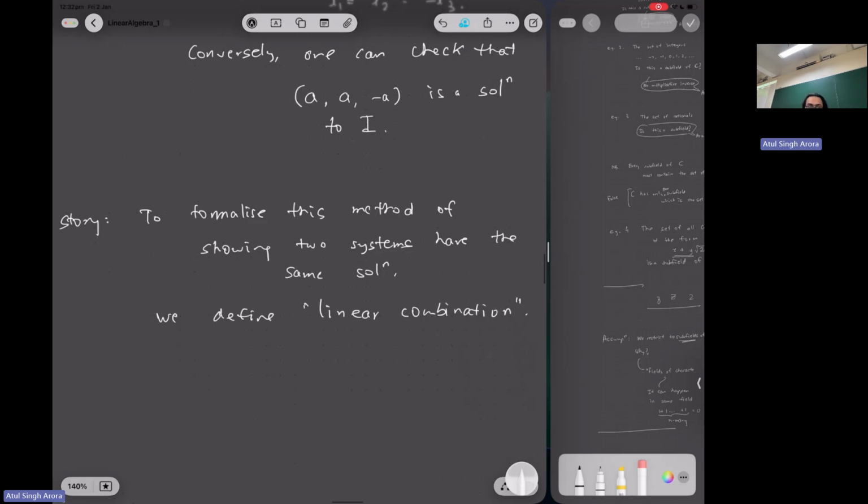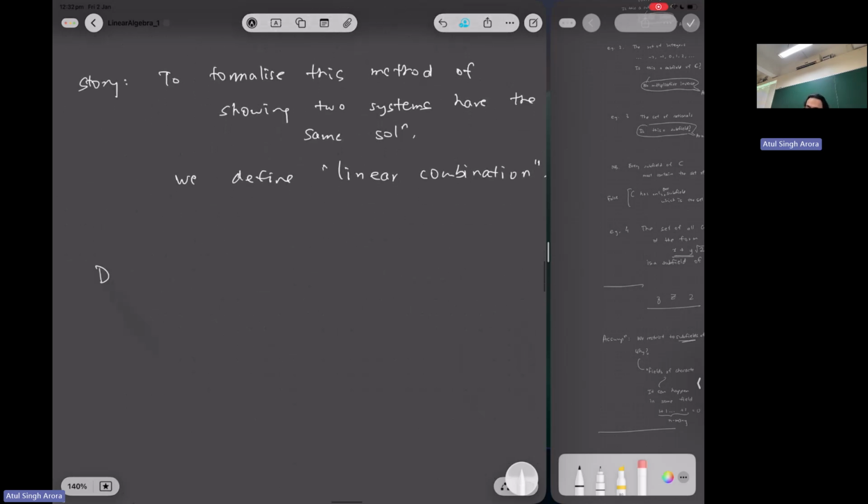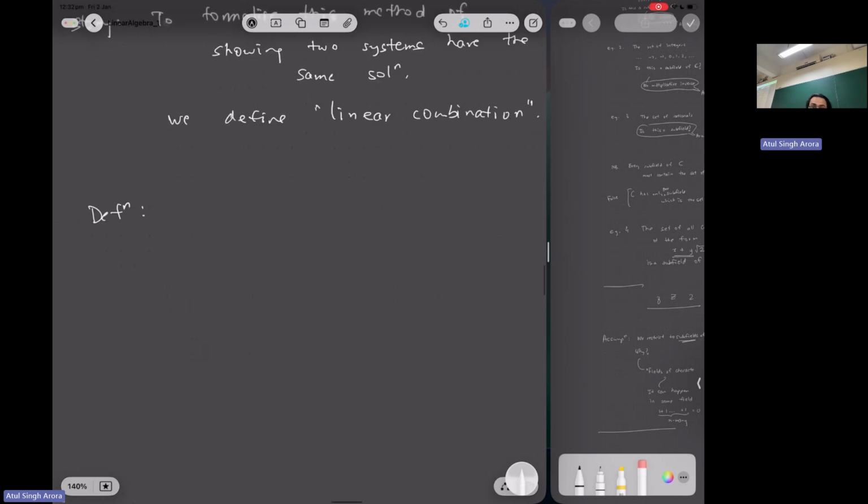So linear combination you already know, but let's just write it down properly. Because if we are clear here, then later things would become easier, right?